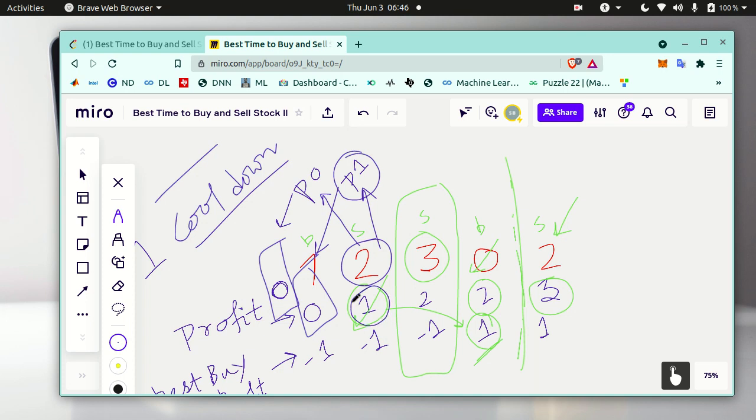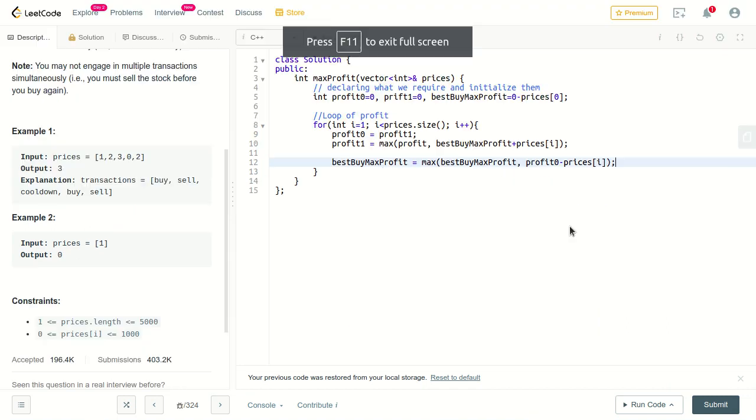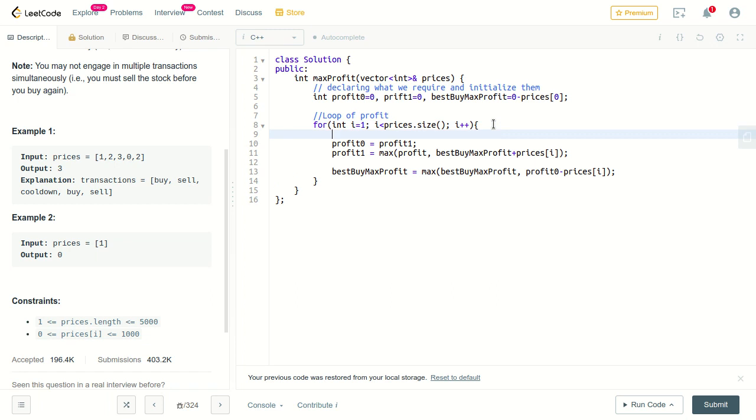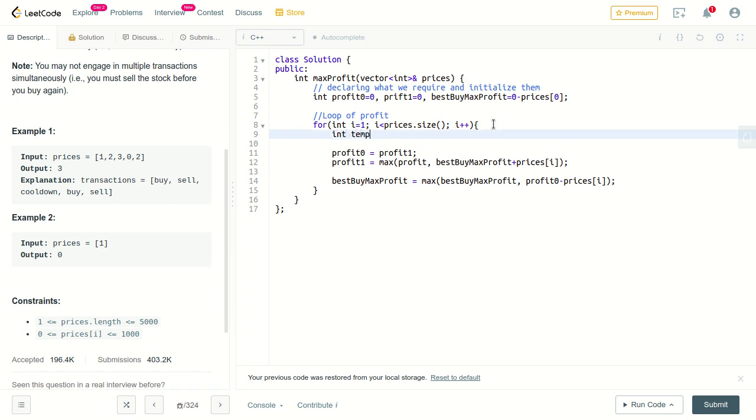And for this guy over here, to calculate the buy by max profit, you need access to profit 0. That is why we require two variables instead of one profit variable, right? But here is a problem. We are using the previous value of profit 0, but we are actually updating this value of profit 0 over here. So we need another variable which will be storing the previous value of profit 0, say temp. And we have to use temp over here. So just return profit 1.